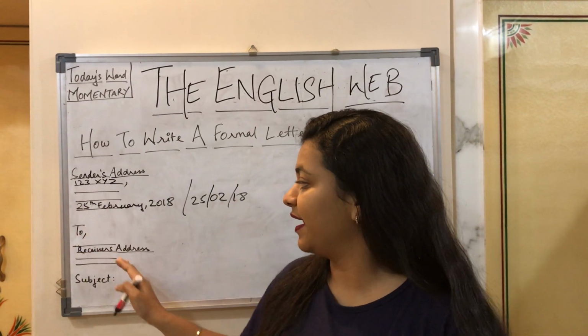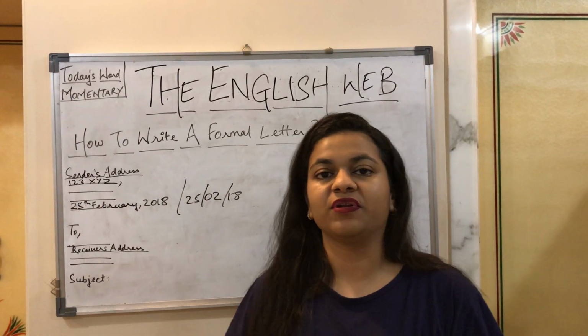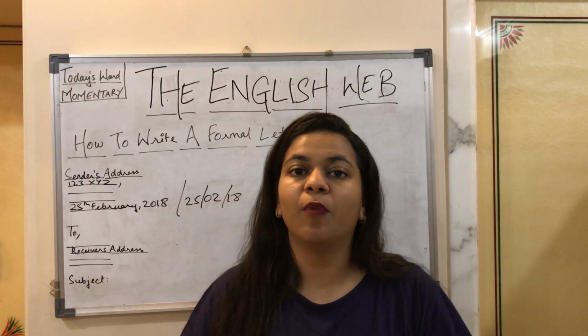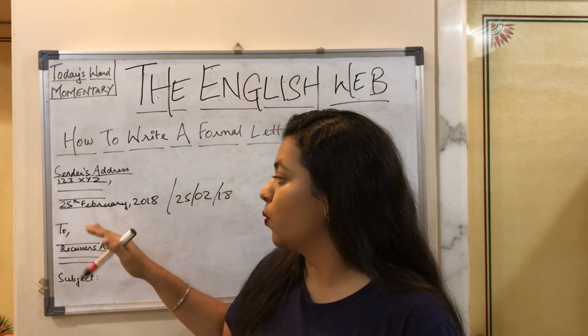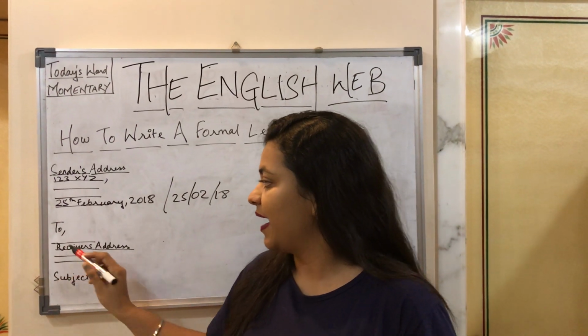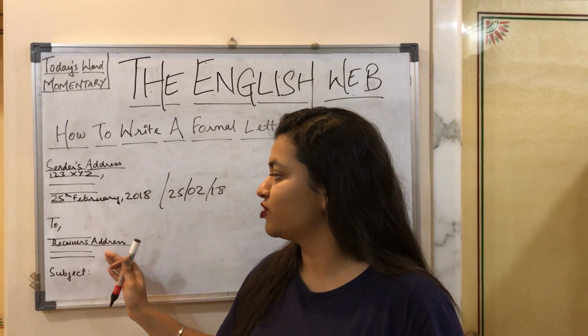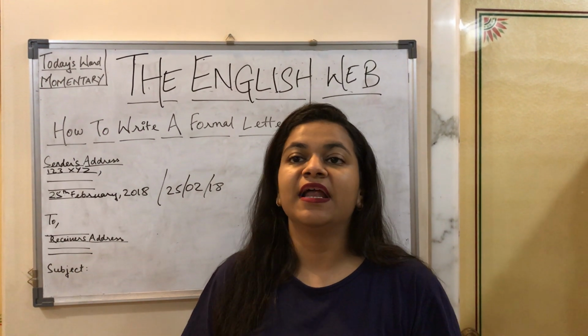Then you have to leave a line and write the receiver's address. Now if you are writing to your boss who sits in your office, you have to write 'To' and mention the receiver's address.